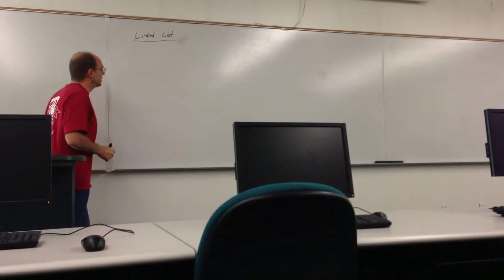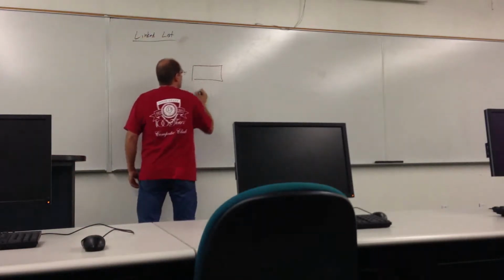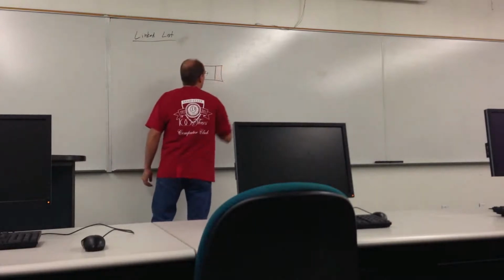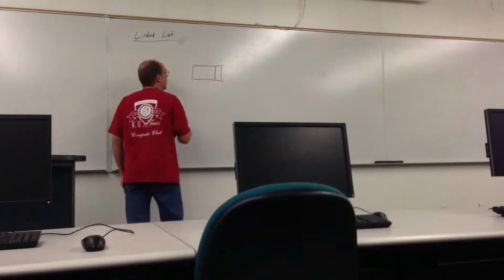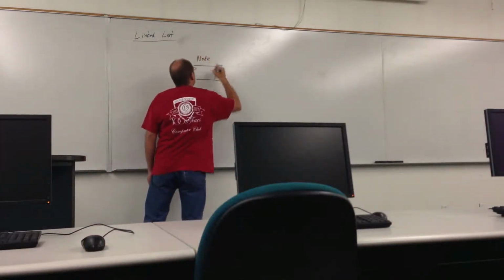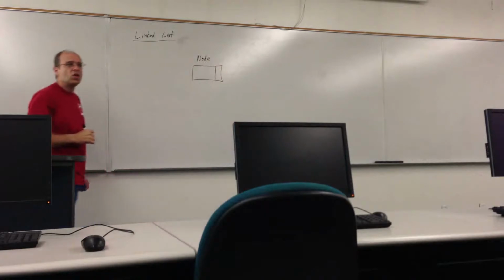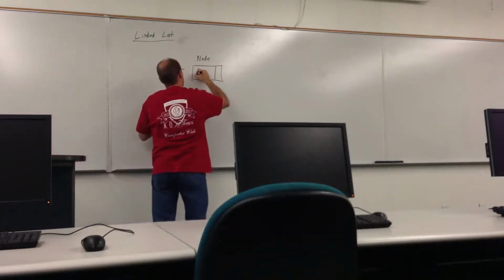So a linked list, basically, let's say that I'm not going to use the student as my example because then I'll just be completely doing your assignment for you. But we have a concept of a node when we talk about a list. A node is a collection of data. This is the data right here.